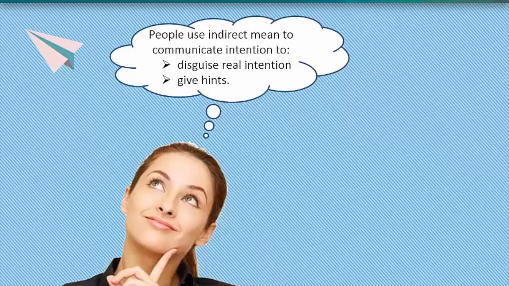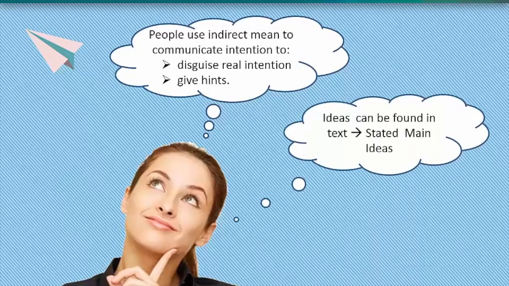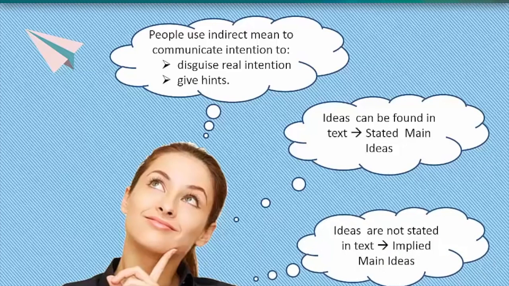Authors also use direct and indirect means to communicate their ideas. If the idea is clearly stated in the text, it is known as stated main idea. If the idea is not clearly stated in the text but strongly suggested by the supporting details, it is known as implied main idea.